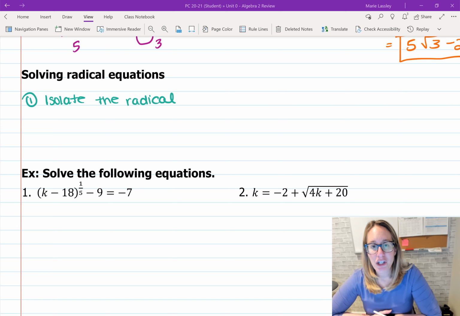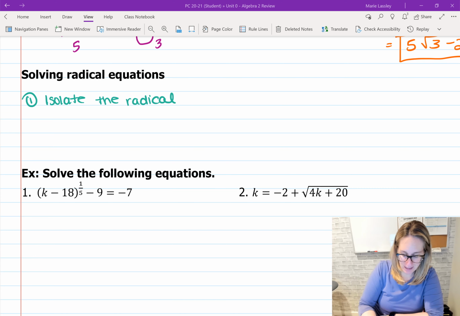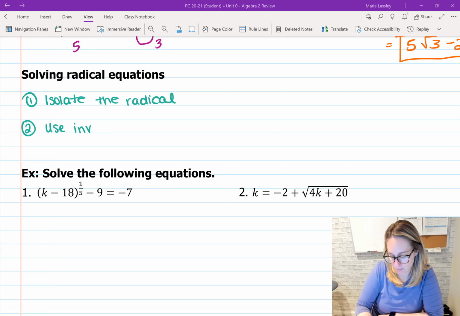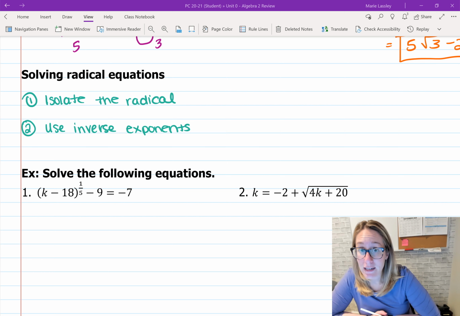Once you have your radical by itself, so you've moved everything else to the other side of the equation, what you want to do from here is use inverse exponents. So the second technique is to use inverse exponents. If your radical is, say, the square root of something, the inverse exponent is squaring it.